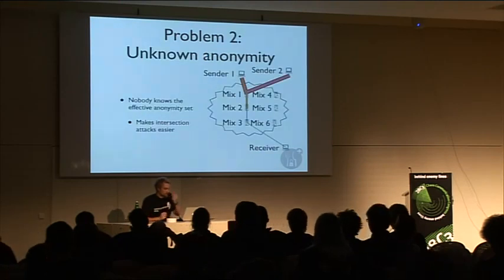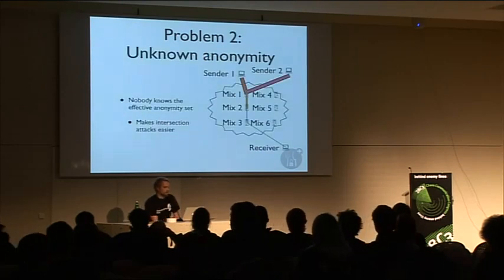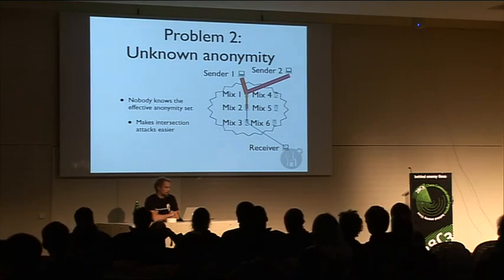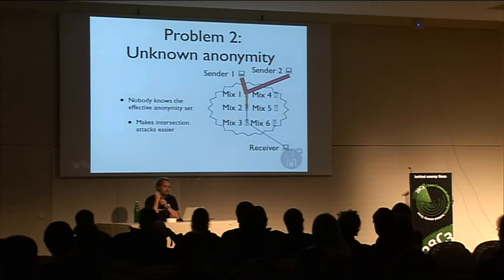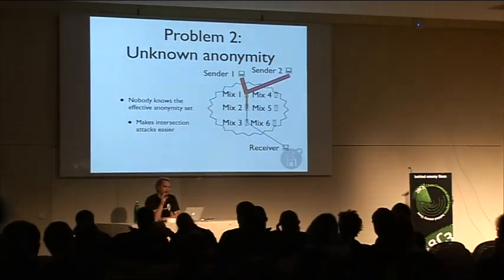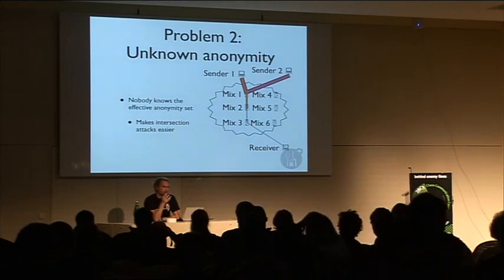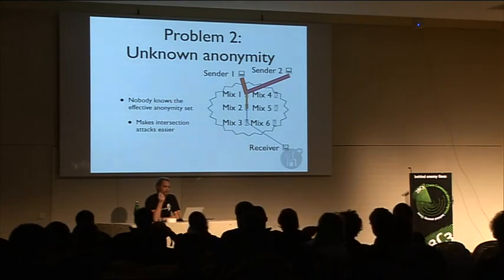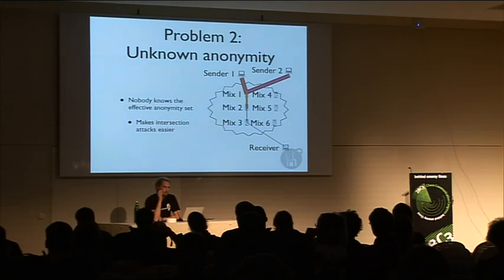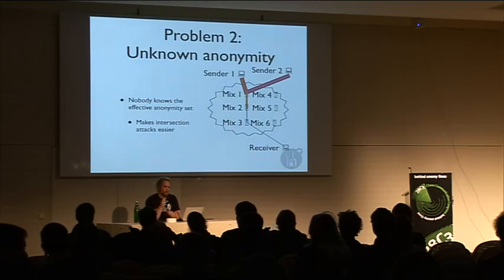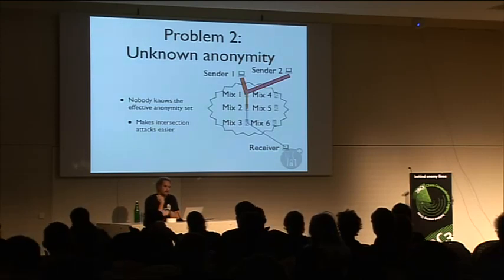The second problem that I would like to mention is the unknown anonymity set. If you speak about anonymity, it's about hiding identities. So sometimes it can seem a bit strange to think that knowing the other participants of the anonymity set would be a good idea.